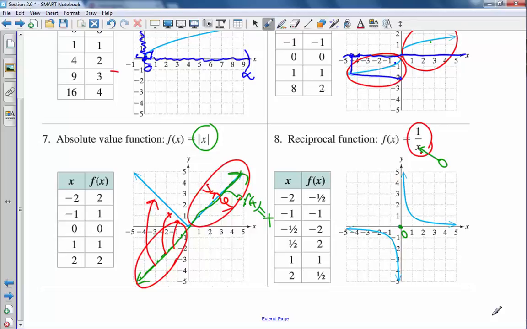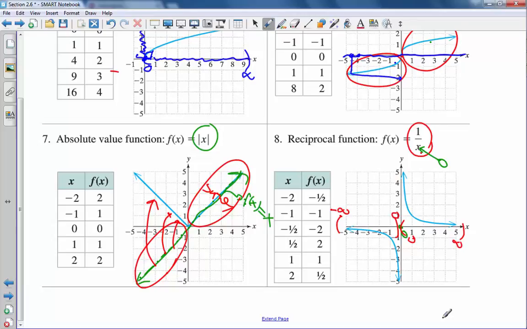So the reciprocal function has domain as 0 to infinity and minus infinity to 0, but 0 is never included in either piece. So there is a hole in the middle. Except this point, you pretty much cover everything.